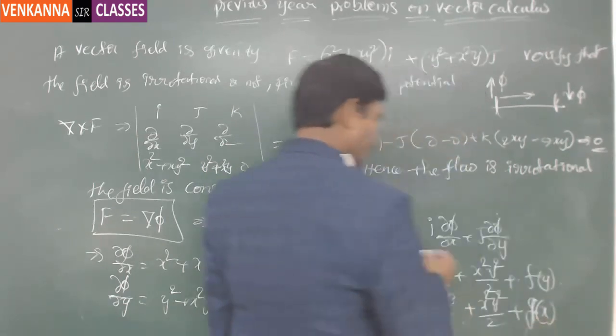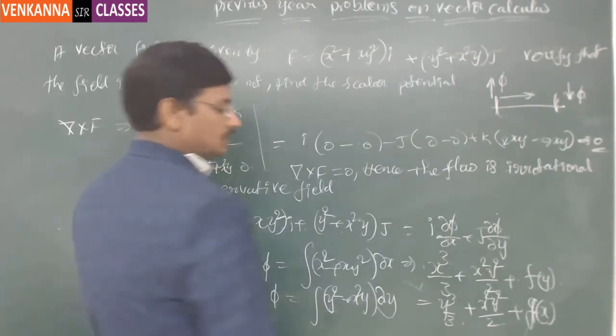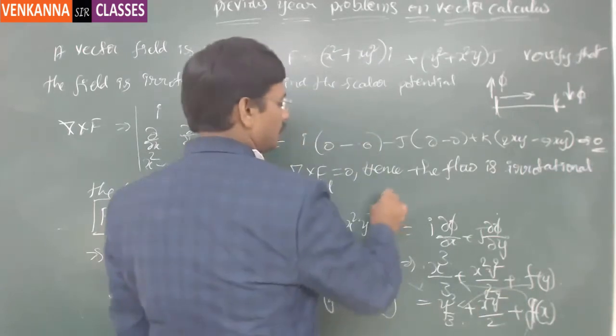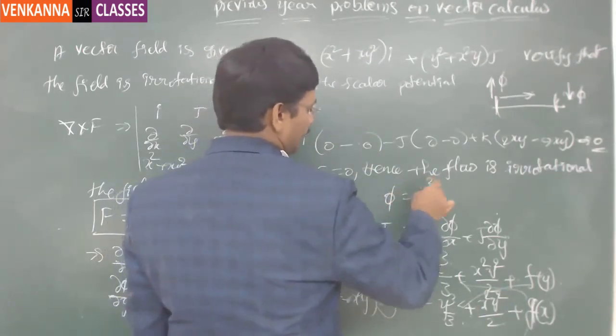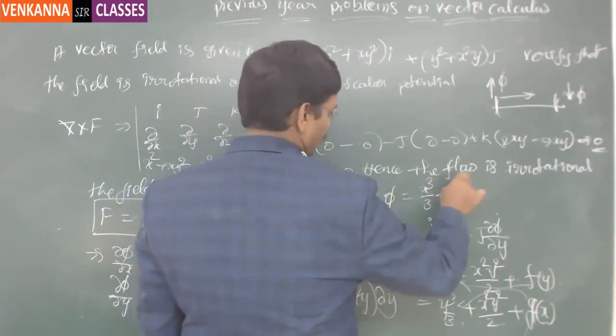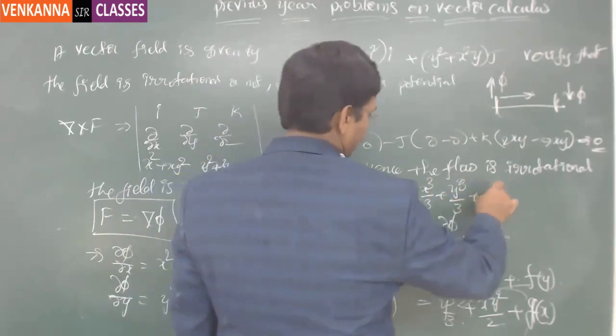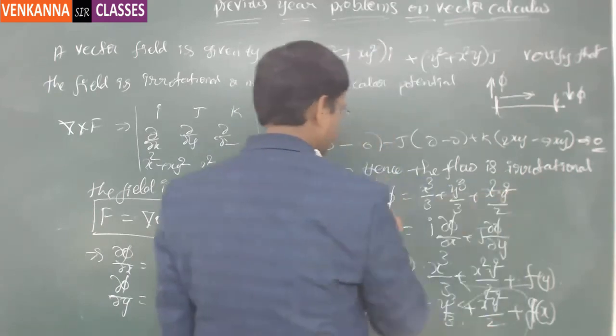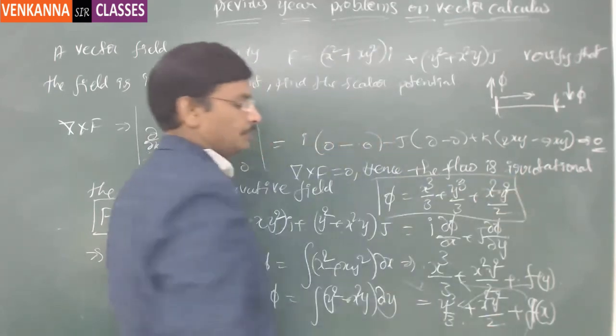Now if you equate these two, the g of x value is this one and the f of y value is this one. So in total the phi value is x cube by 3 plus y cube by 3 plus x square y square by 2. So this is the potential.